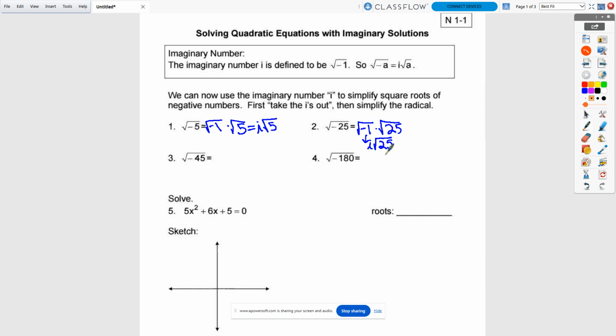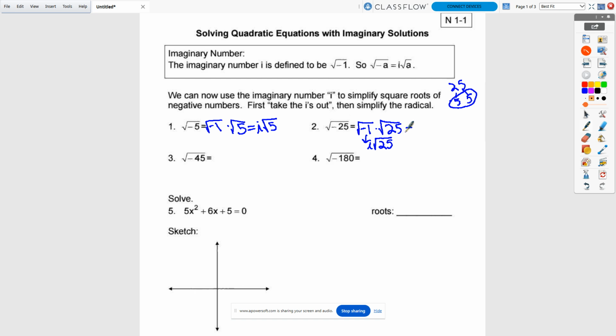But in this case, I can break that 25 down a little bit, and 25 would be split up into 5 times 5, or you just know that the square root of 25 is 5. When I split it up into 5 times 5, that pair goes together and it's able to move outside.